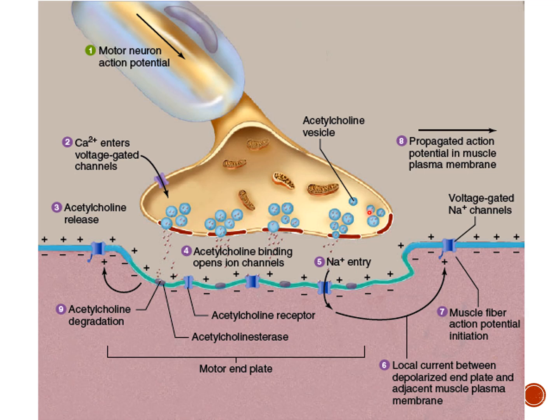By the process of exocytosis, the acetylcholine is released into the synaptic cleft. This acetylcholine diffuses and reaches the postsynaptic membrane, where it binds with the acetylcholine receptors. When acetylcholine binds with the receptors, this allows an increase in sodium influx into the muscle fiber membrane, and because of the sodium influx, depolarization occurs.